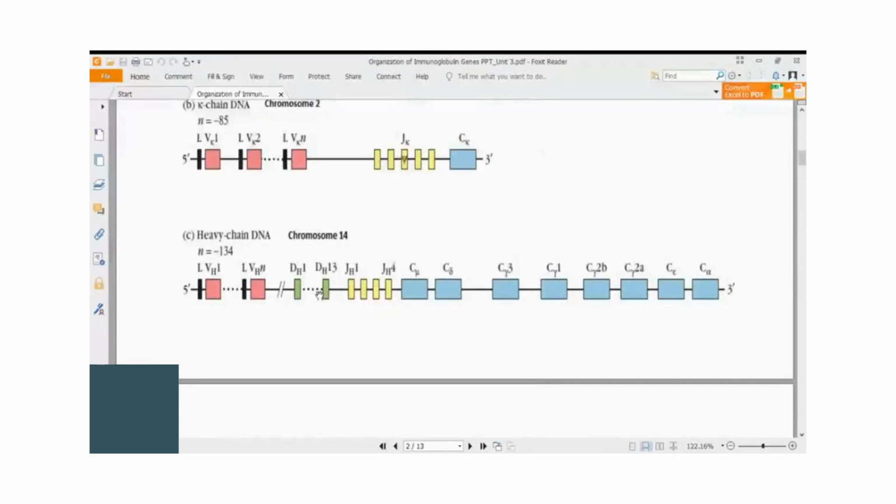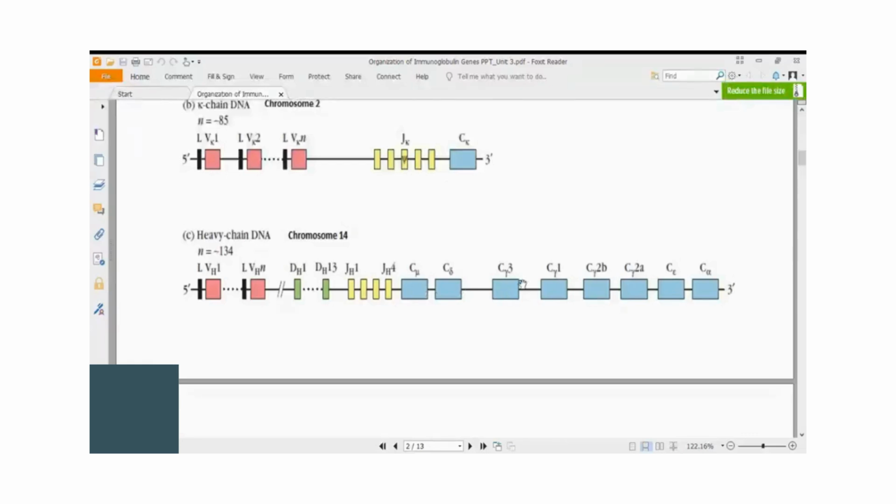T is for diversity, J is for joining, V is for variable, C for constant. So the recombination in the heavy chain follows the order of V, D, J, C. That is, the variable region domain first recombines with D, that is diversity, then it recombines with J, then it recombines with mu or delta or gamma or epsilon, like that.